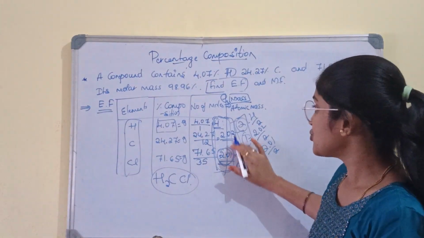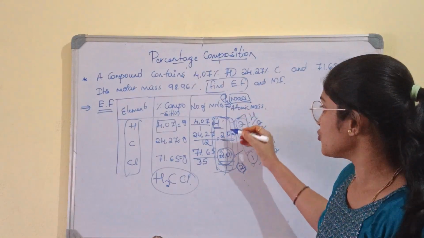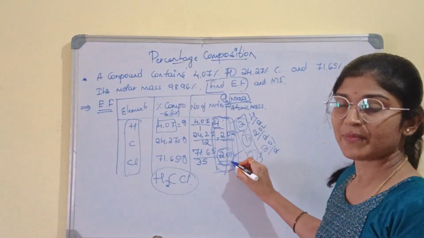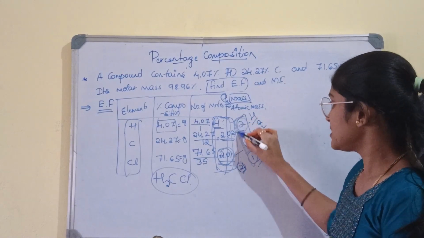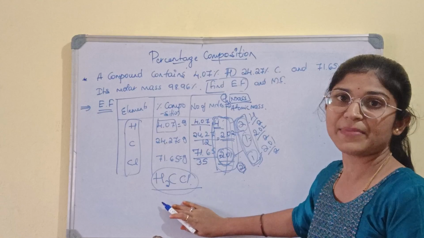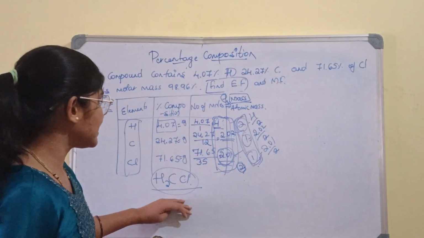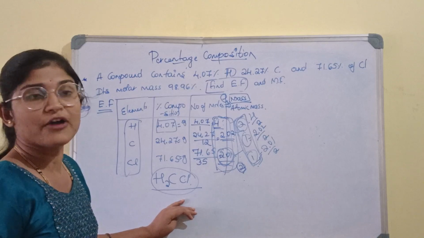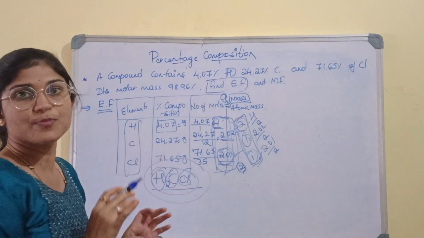You should divide the number of moles by this least number: 4 divided by 2, 2 divided by 2, 2 divided by 2. Then you will get the values 2, 1, 1. If you write this in formula structure, this is called the empirical formula. I have told already, it is the whole number ratio of the elements present in a compound.